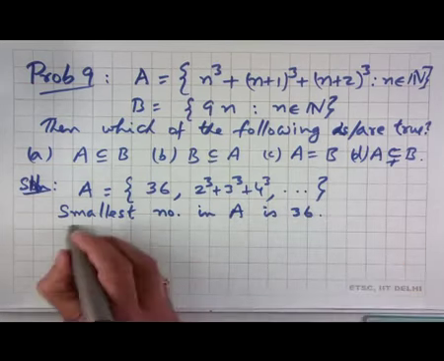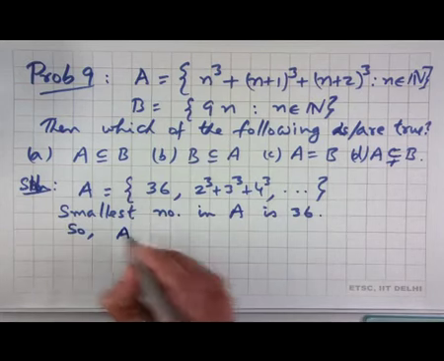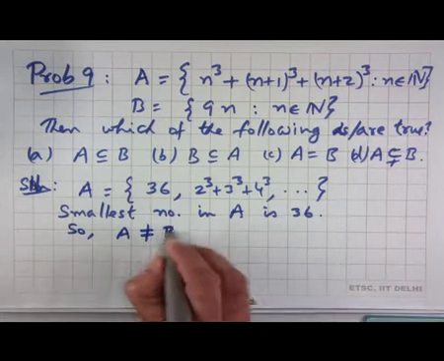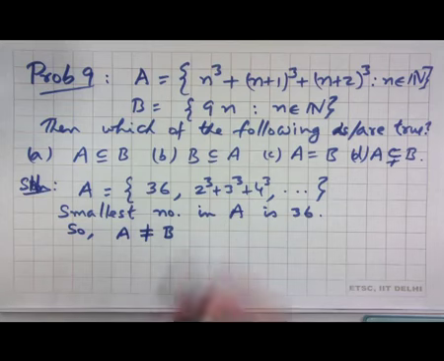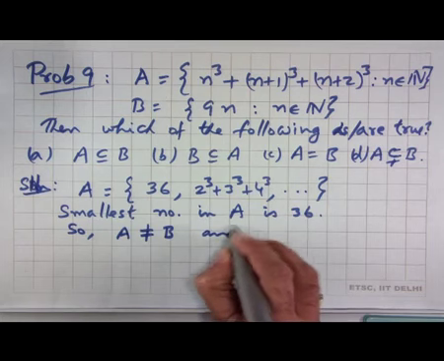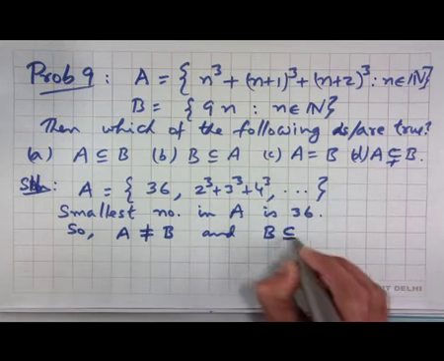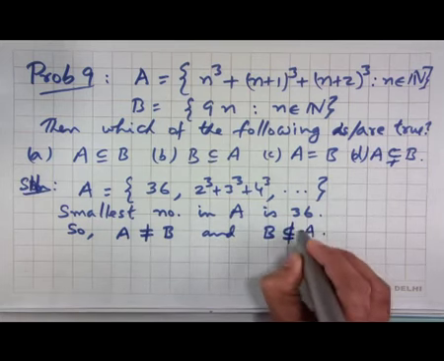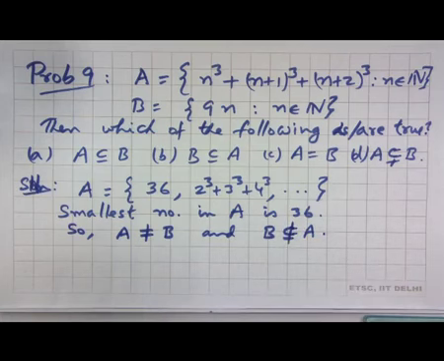So, A is not equal to B, right, because B contains 9 which is not in A. Also, B is not a subset of A, right. So, B and C are false.